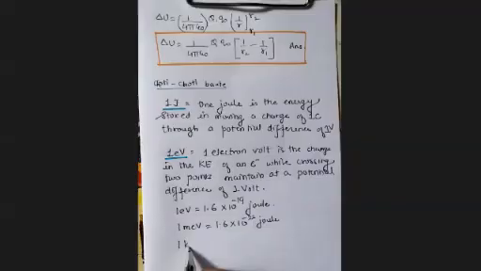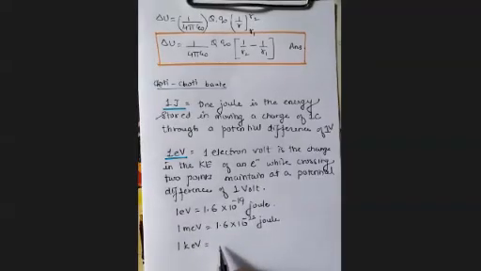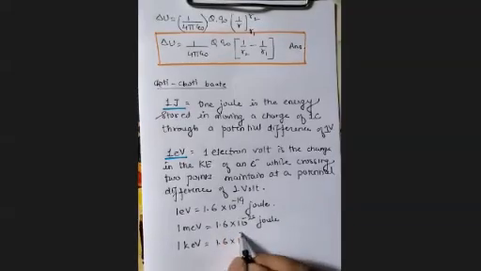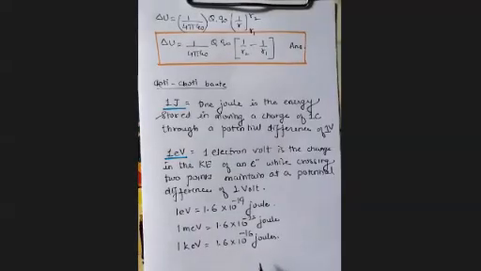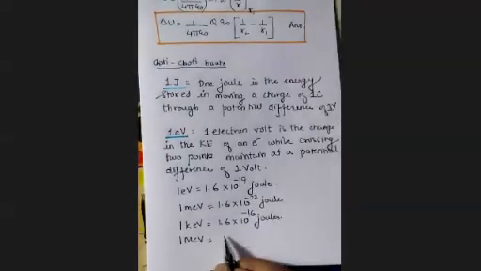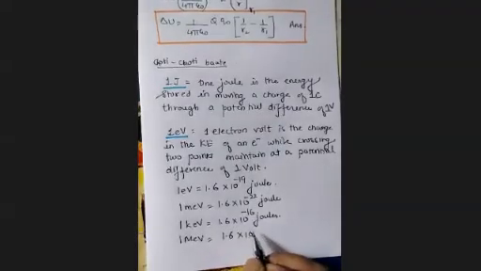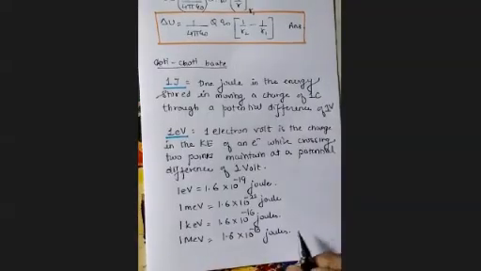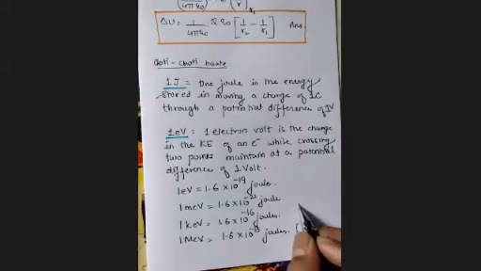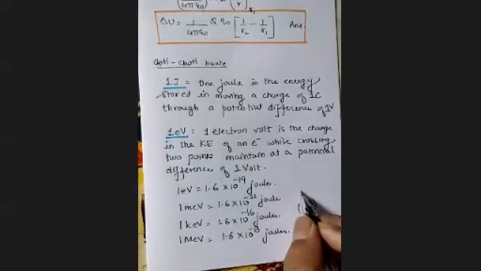If I write 1 kilo electron volt, it will be 1.6 into 10 raised to power minus 19 plus 3, so it becomes minus 16 joules. 1 mega electron volt is 1.6 into 10 raised to power minus 13 joules. Mega means 10 raised to power 6, kilo means 10 raised to power 3, milli means 10 raised to power minus 3.